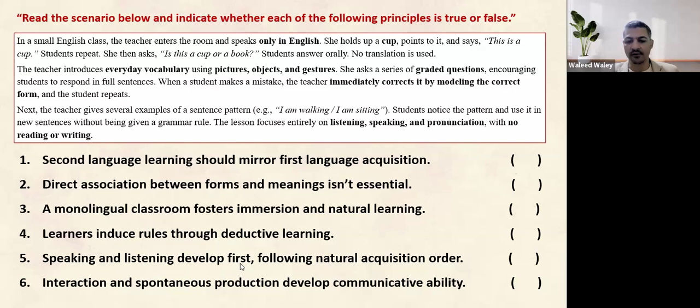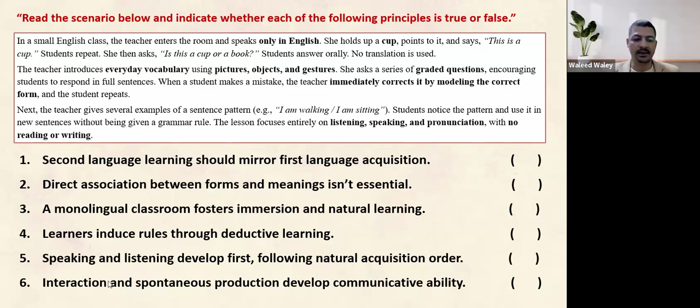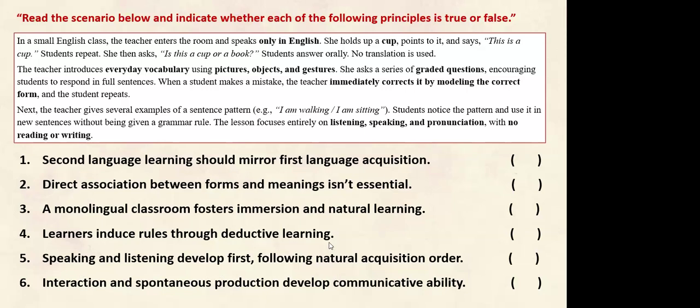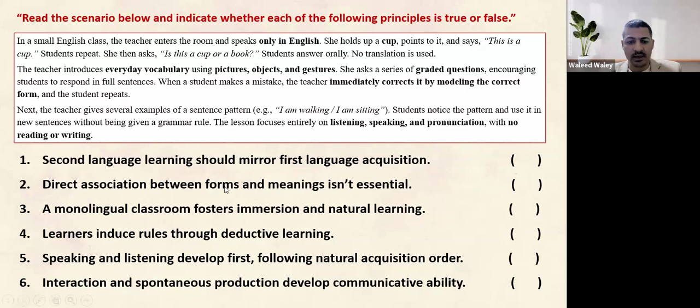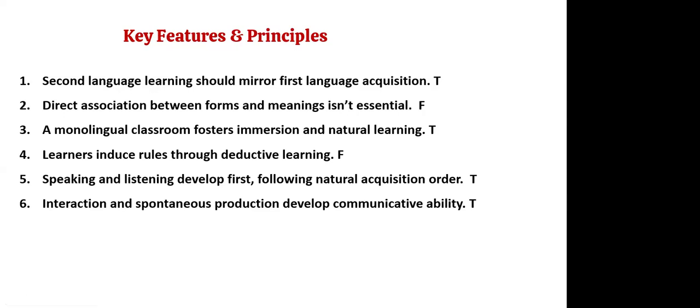Speaking and listening develop first, following natural acquisition order. True. And number six, interaction and spontaneous production develop communicative ability. True. Okay, so let's check your answers. Mashallah, you understood the method and second language learning. So you can check your answers.